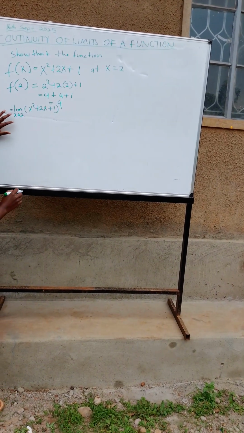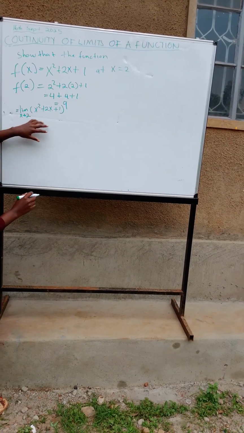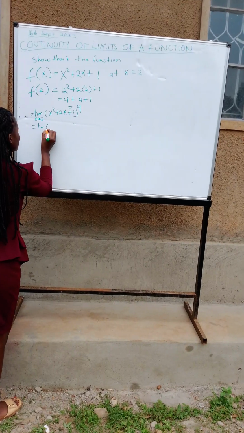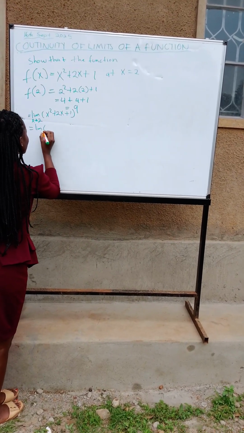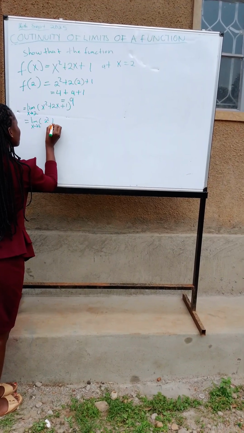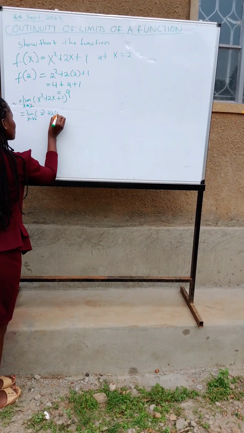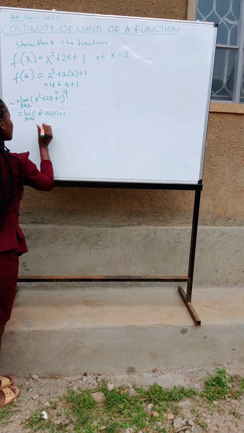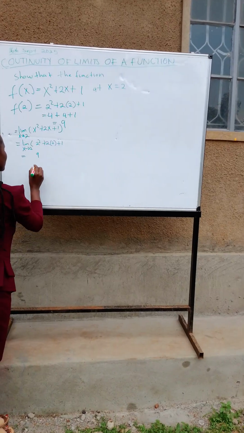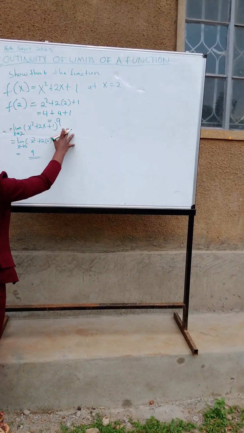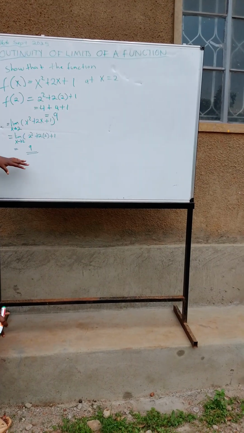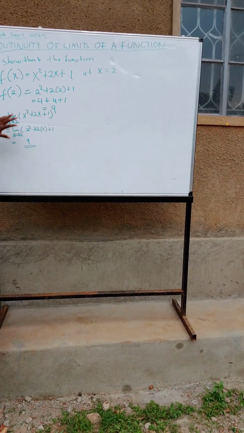So we are going to input this 2 into this function, which is 2 squared plus 2 into 2 plus 1, which is equal to 9. Since the functional value and the limit are equal, the function is continuous.